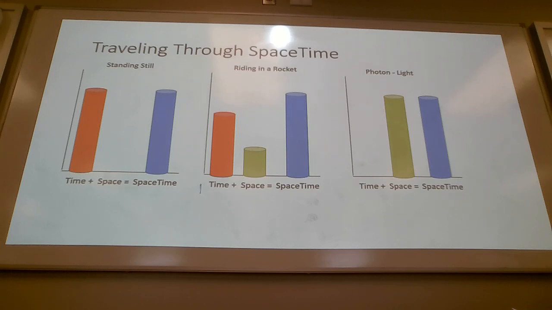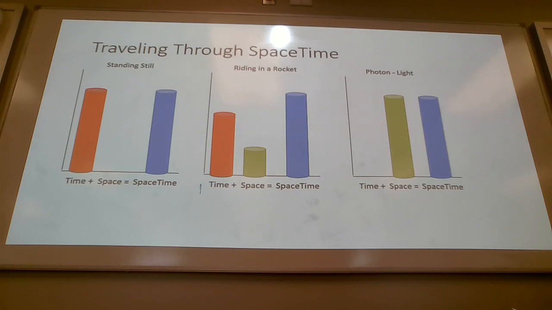Now, here's some other crazy things. Length isn't consistent. As it turns out, as you dive deeper into the math, length constricts. As you go faster and faster, a meter isn't this long, it's like this long. Mass increases as you go faster and faster. And so there's this conundrum that as you go faster, you get more massive.